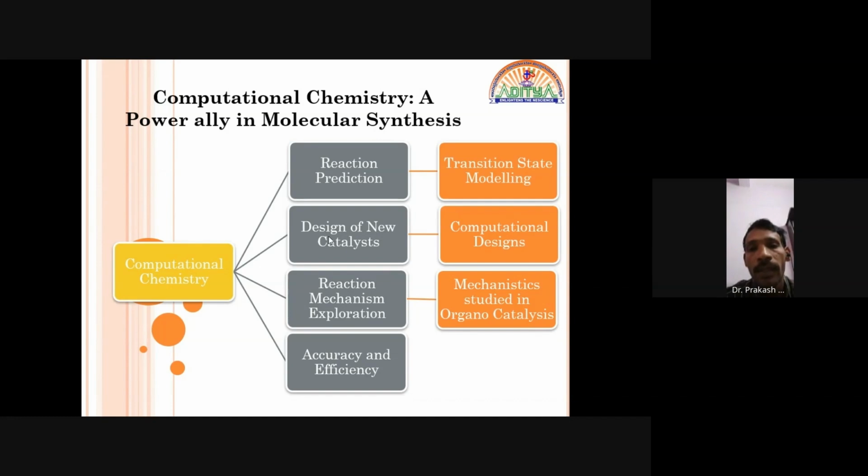Here, reaction predictions and drug designing, which is a technical area, completely depend on drug designing. Computational chemistry depends on drug designing, which type of reactions we are going to produce. Let's suppose the cis type of reactants do not undergo the reaction, so we go to the next level.